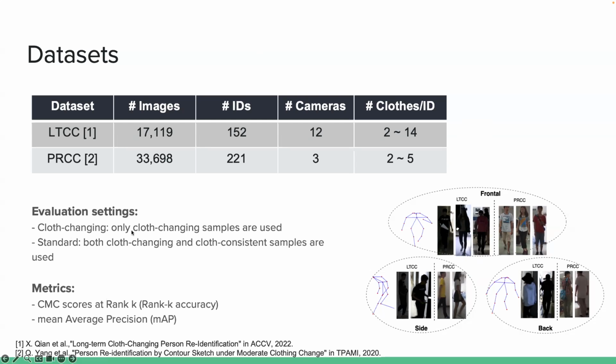First is cloth-changing, where only cloth-changing samples are used, and second is standard, where both cloth-changing and cloth-consistent samples are used. We would like to note that the cloth-changing setting is more challenging. Two metrics, CMC scores of rank K accuracy and mean average precision, are used for evaluation.